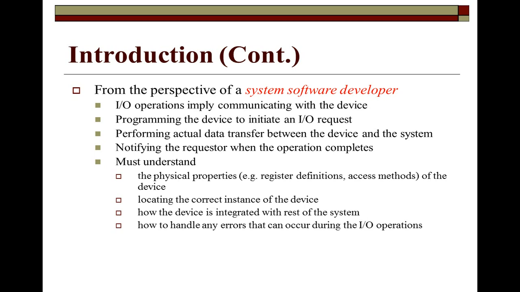So whatever system it is, the software developer has to firstly imply communication with the devices. Second, programming the device to initiate the input output request. Most importantly, a request should be sent to the input and output devices so that communication is possible between these two.